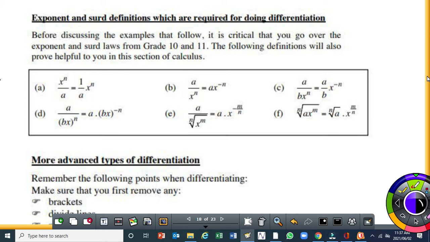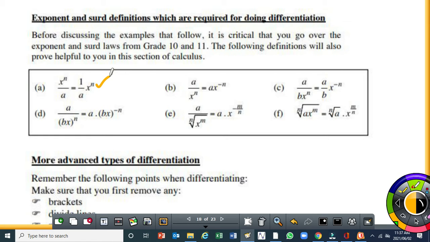You are expected to know your laws of exponents and your definitions of sets before you start using the rules of differentiation. So the first one is that if you are given x to the power of n over a, you must know that it can be written as 1 over a times x to the power of n.